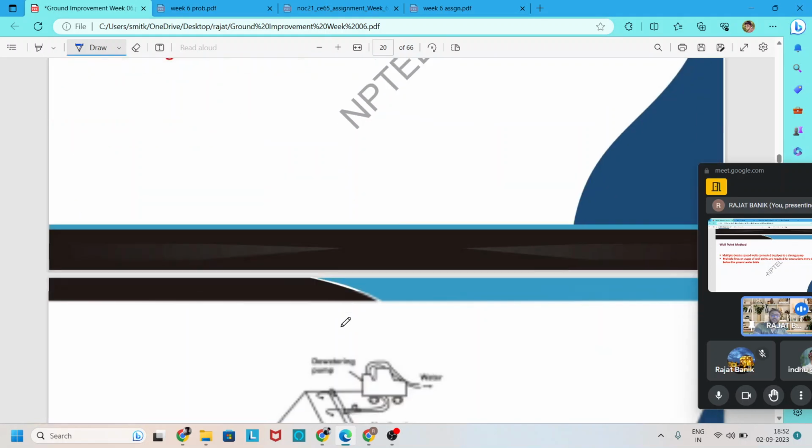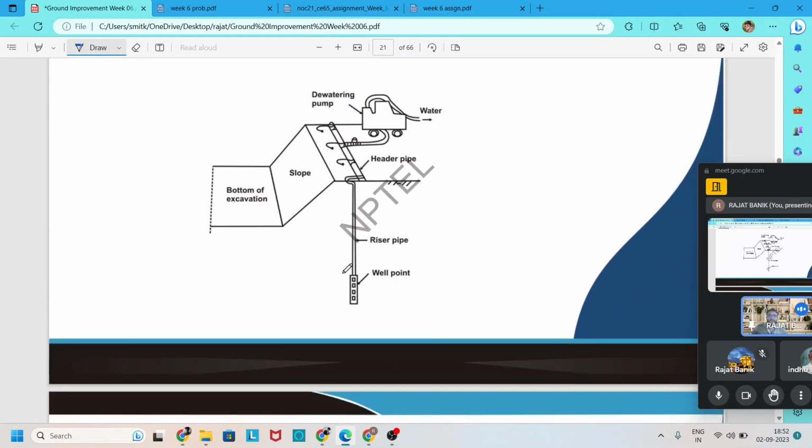So if you see the picture, one well point means one riser pipe inserted into the ground, and some filtering material is given, which only lets water through, and this pipe is connected to a common pump, which sucks water out of the ground.